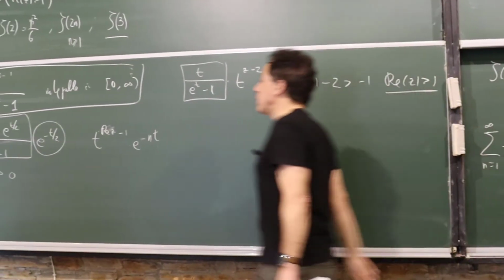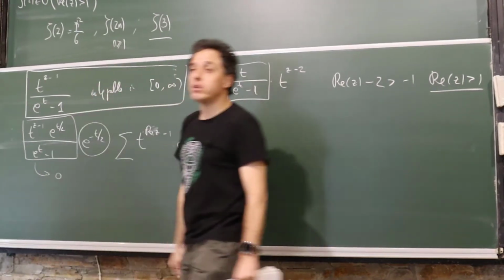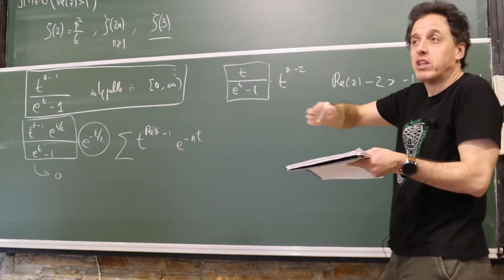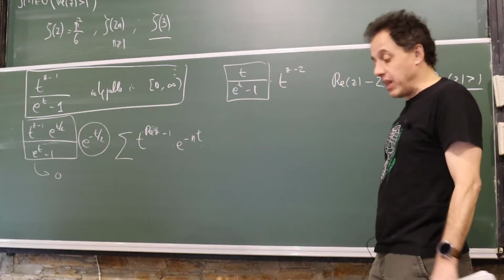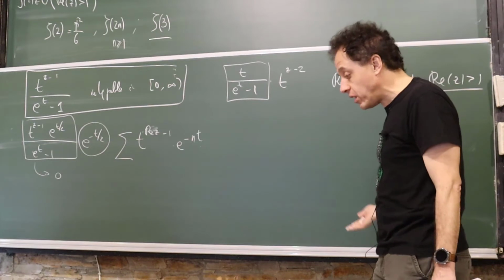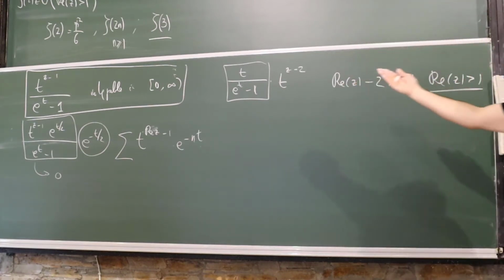You take this series, of course, a series of positive functions. We have taken the modulus. So the partial sums of the series define an increasing sequence of functions converging to an integrable function.